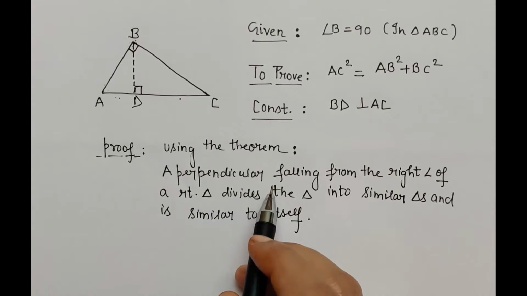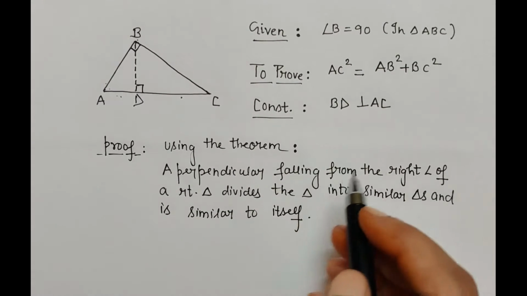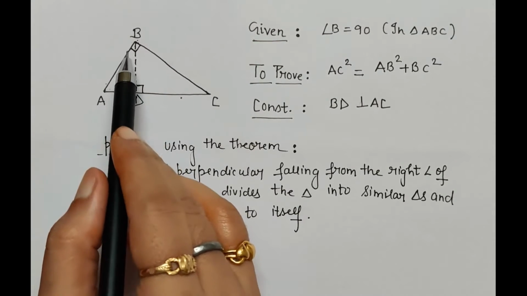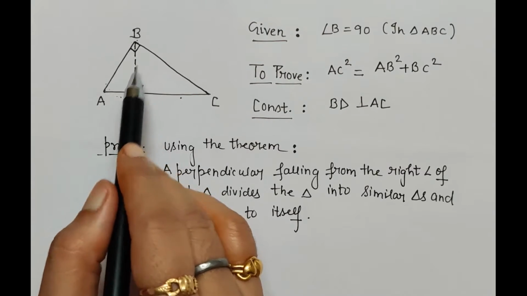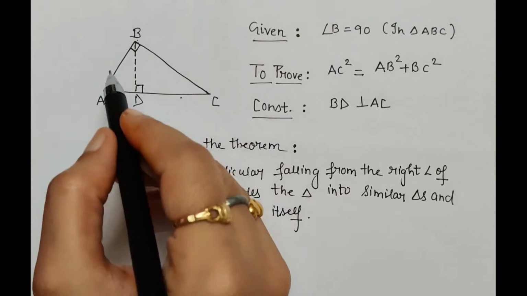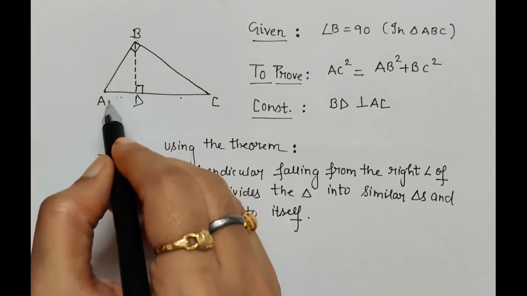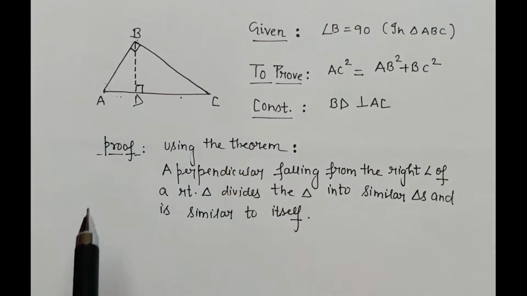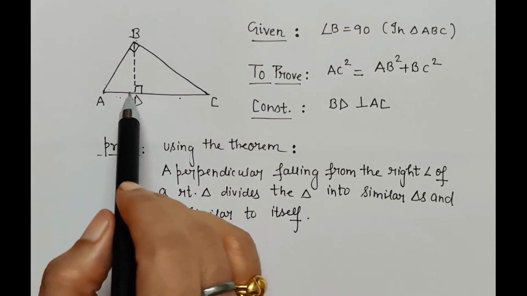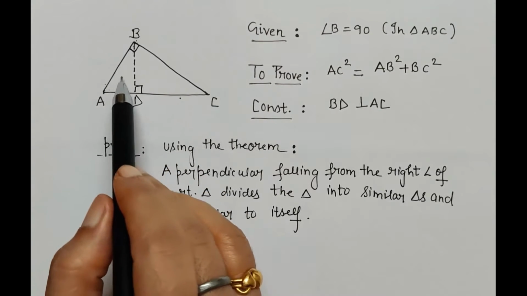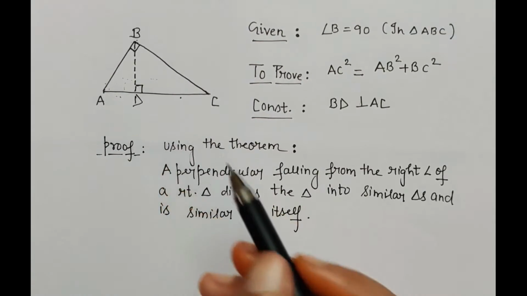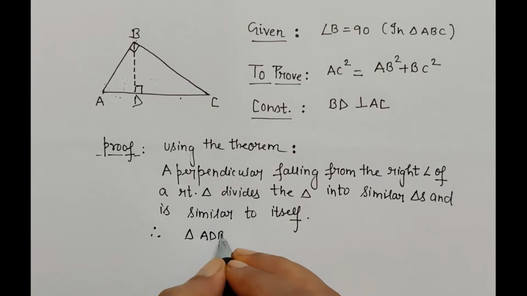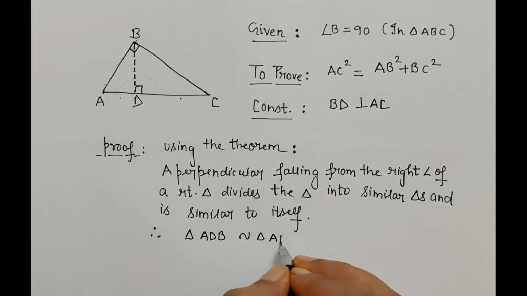Using the theorem which states that a perpendicular falling from the right angle of a right triangle, as we can see here, divides the triangle into two similar triangles, that means triangle ADB is similar to triangle BDC, and the triangle itself is similar to them. That means ABC is also similar to these two smaller triangles. So using this we can write triangle ADB is similar to triangle ABC.